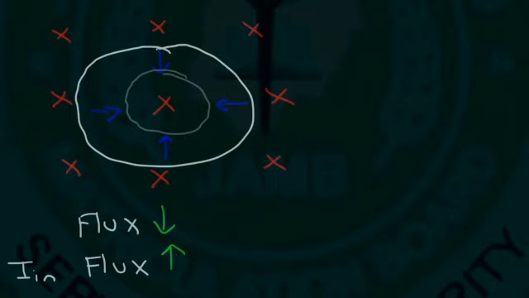And anytime it tries to increase the flux, that means that it's going to create an induced magnetic field that is in the same direction as the external magnetic field. The external magnetic field is going into the page. So therefore, in order for the induced current to support the falling magnetic field, it has to be in the same direction. So it has to be into the page as well.